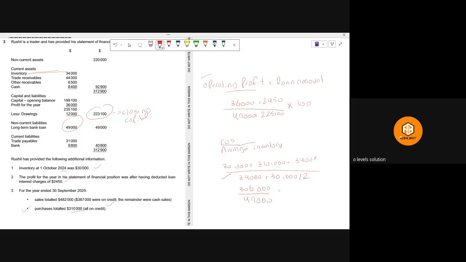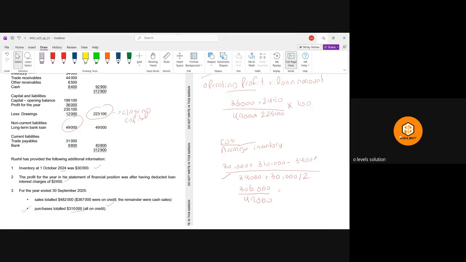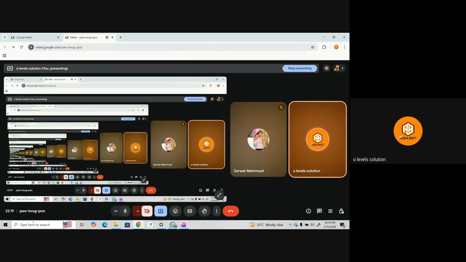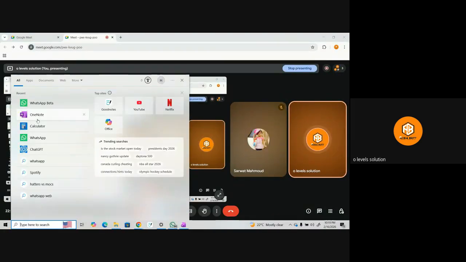As you can see, once again, let me calculate in front of you because I'm just calculating on the mobile phone. Once again, calculator.